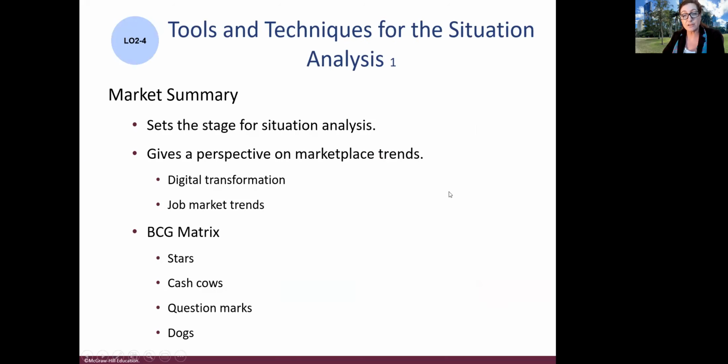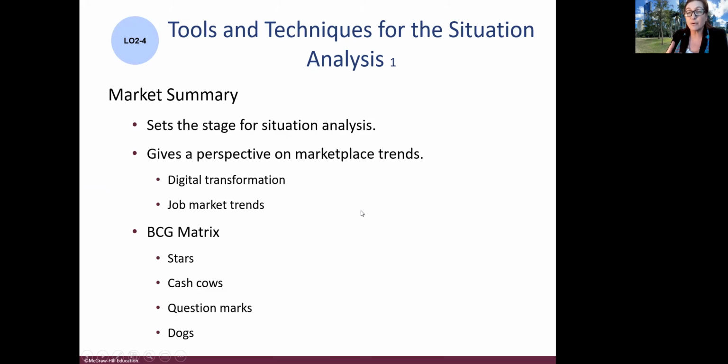Okay, in terms of the situational analysis, we are giving a market summary. And we give a market summary at 3 different levels. At the macro level, and we might use a PEST analysis for that. We'll be talking about that. At the industry level, where we give a competitive analysis, and at the organizational level, where we might use a SWOT analysis.